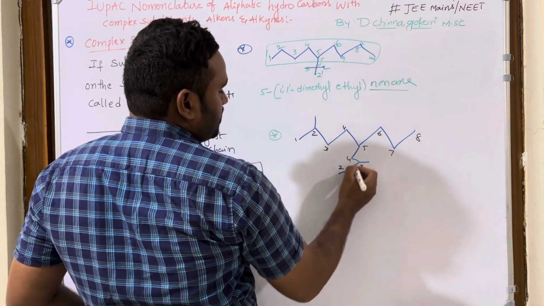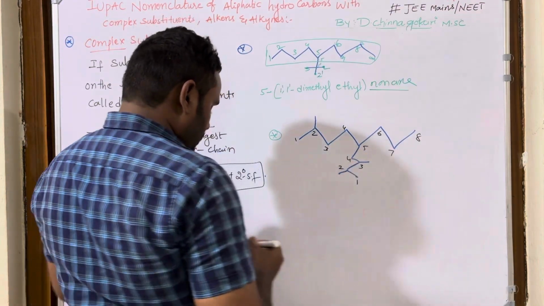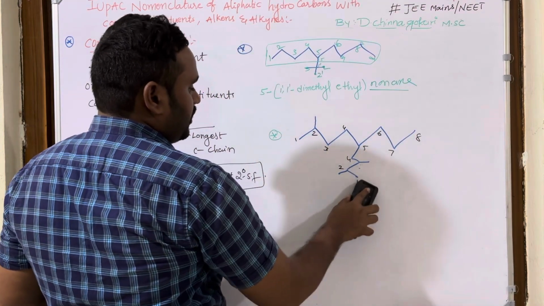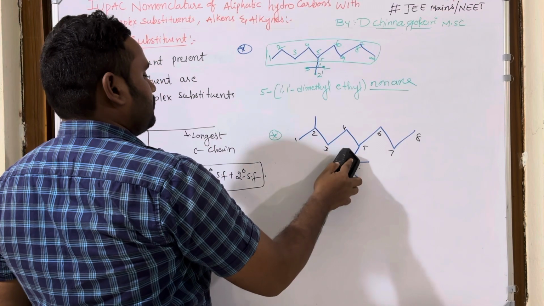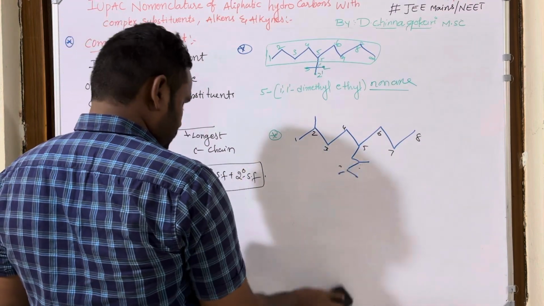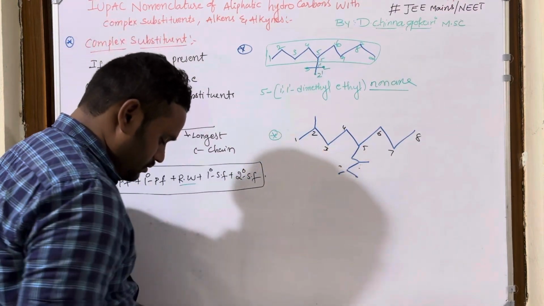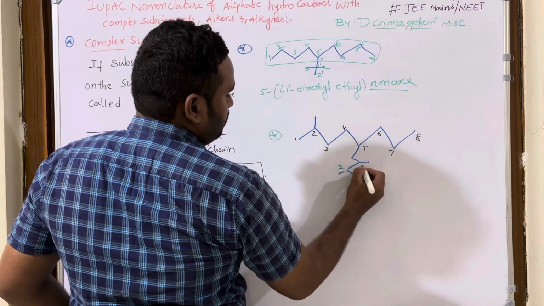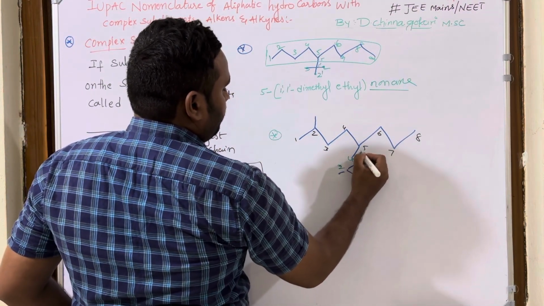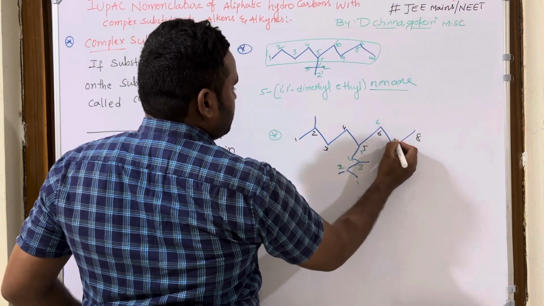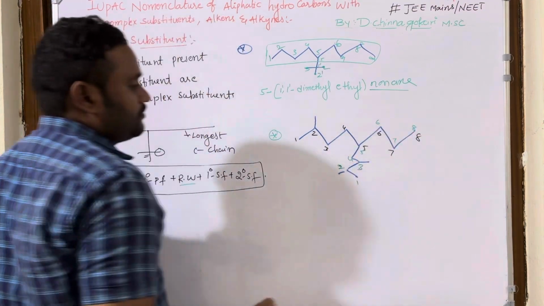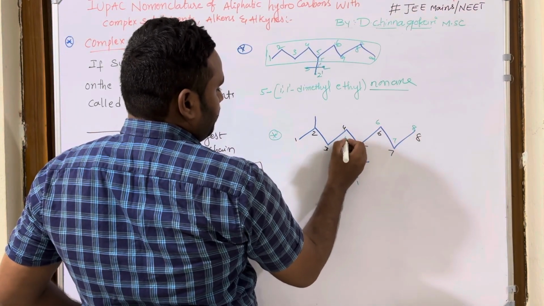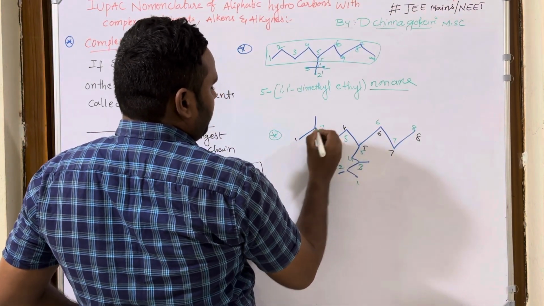So when you go in this direction also you are going to get eight. I use a different color so that you may not get any confusion. 1, 2, 3, 4, 5, 6, 7, 8. And when you go in this direction, 5, 6, 7, 8.